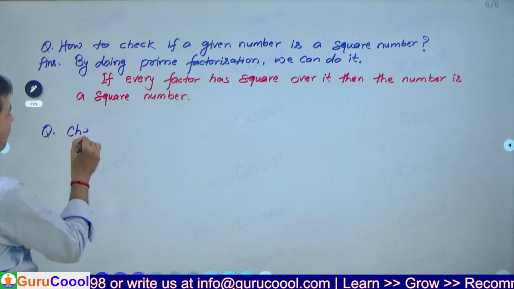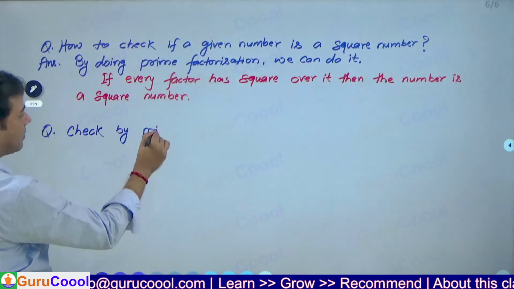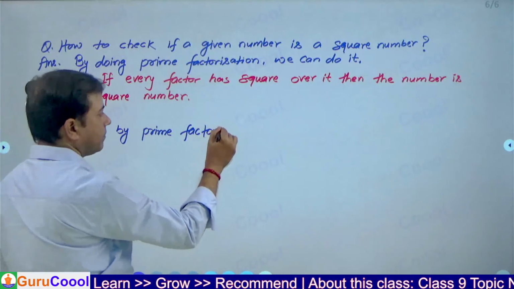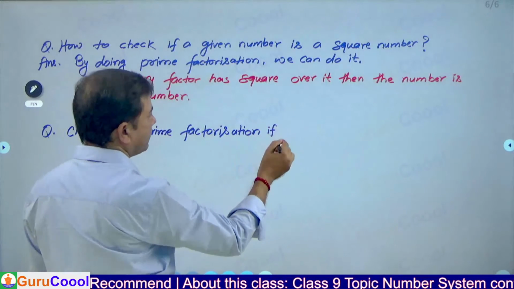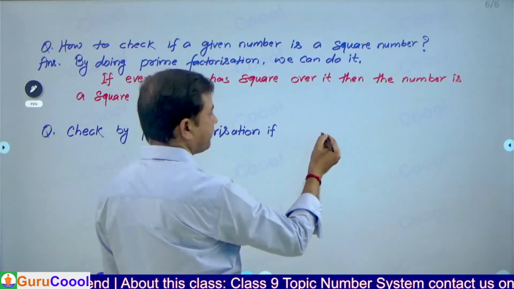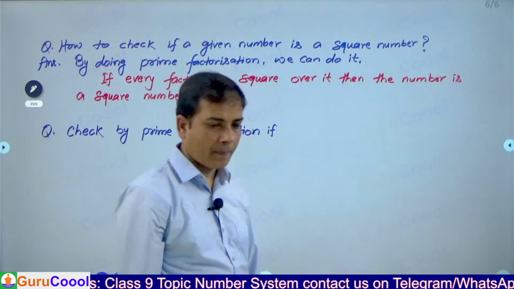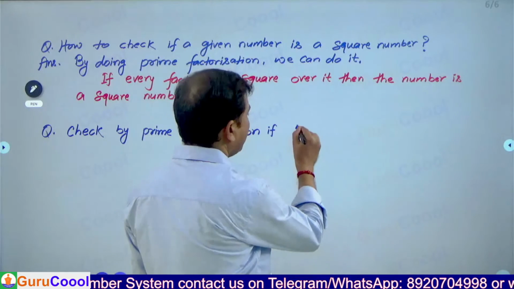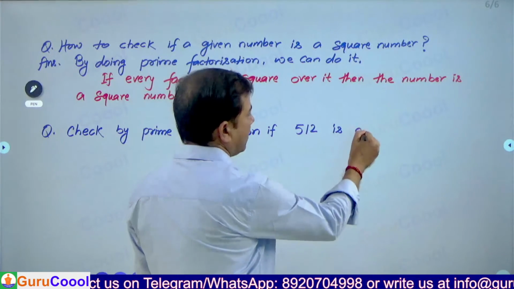Check by prime factorization if 512 is a square number.